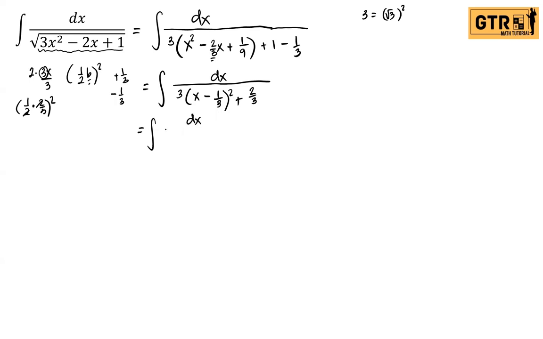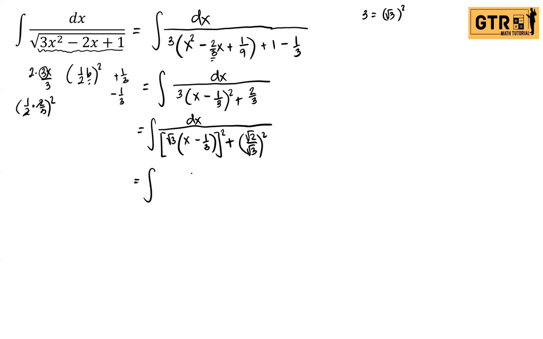So we have dx over the square root of the quantity: square root of 3 multiplied by (x minus 1/3), squared, plus 2/3. We get the square root of this, square root of 2 over square root of 3, squared. Okay, so let's just simplify this. Let's multiply.